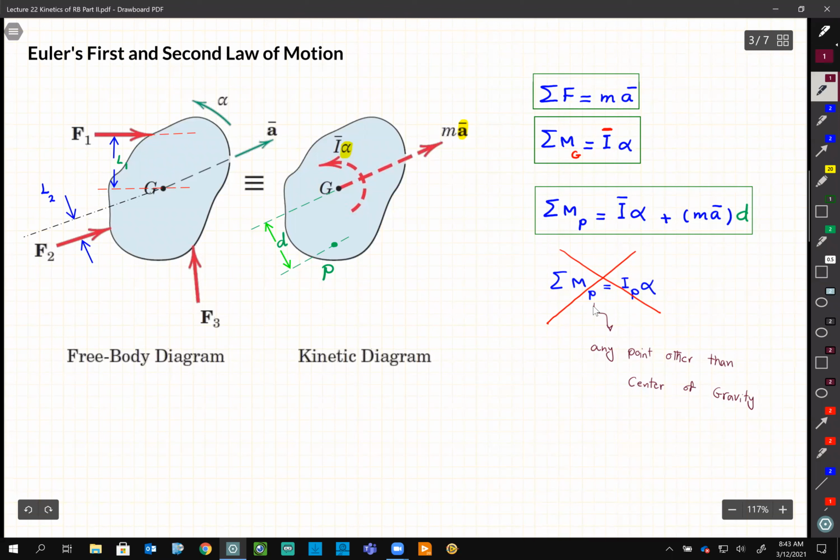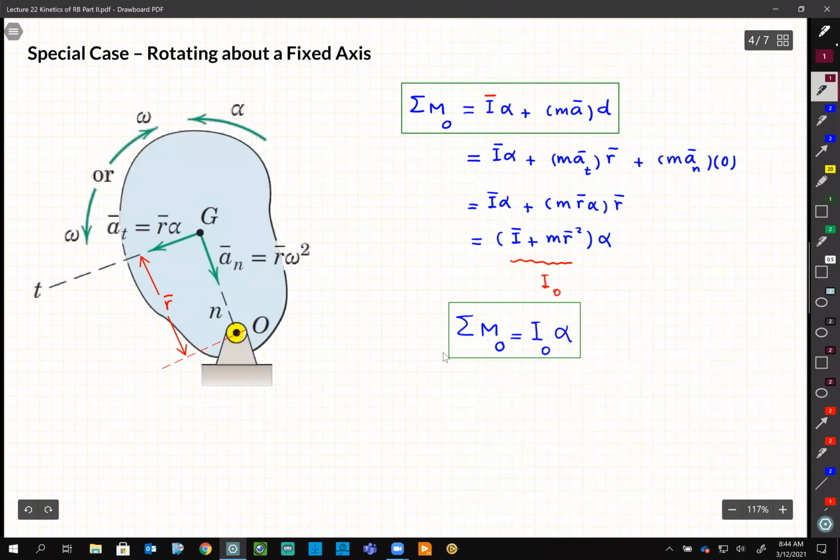You may say, well, you said this is a very bad mistake and we should use the Euler formula. But here we just said something different. We said sum of the moment about point O is IO alpha. And O is not the center of gravity.